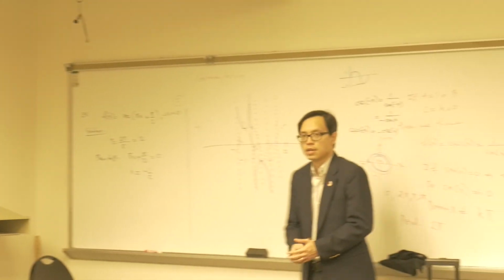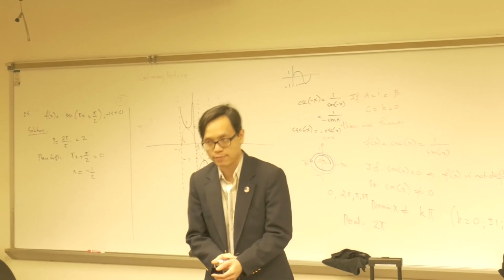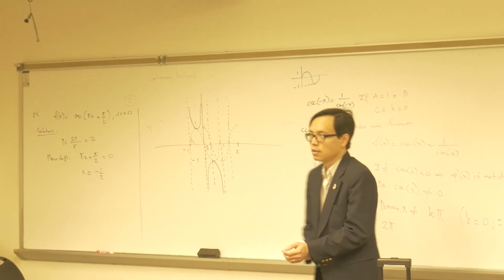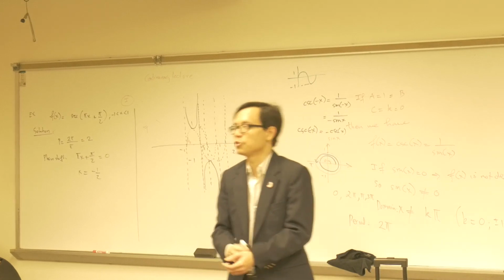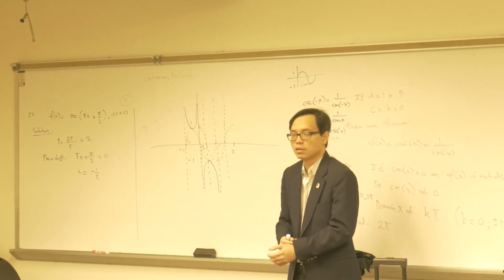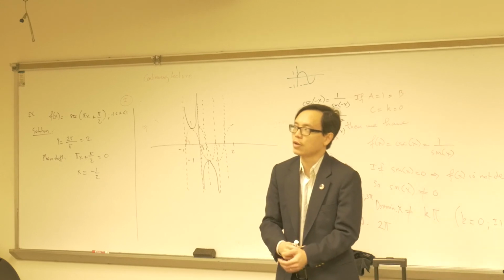So you have to memorize a lot of properties, guys. You have to memorize the basic functions and their graphs. For the even and odd properties, you don't have to use them that much. You just use them when you evaluate a function.